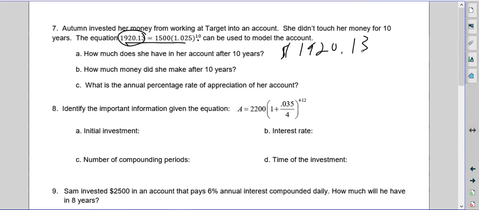Well, what we have to do is she put $1,500 in. So we have to do 1920 minus 1,500, which would be $420.13. Annual percentage rate, right here. Okay, so remember, it's 1 plus something, so that's 0.025, which is 2.5%.